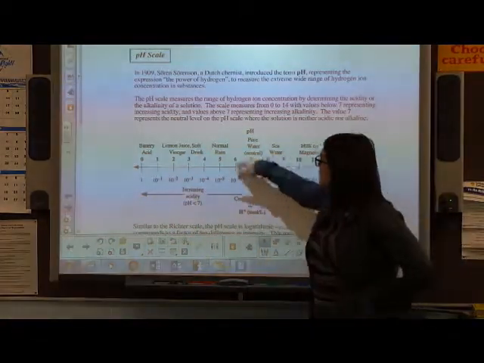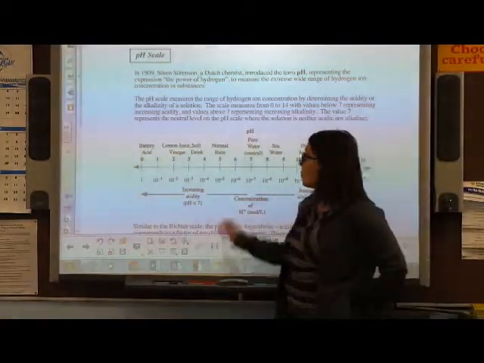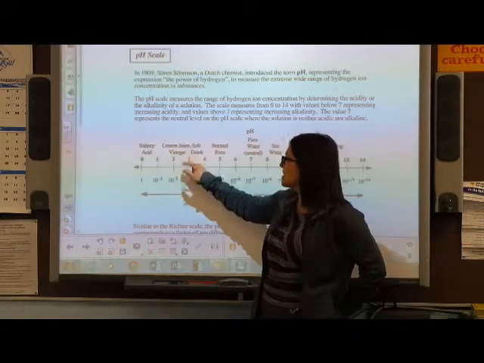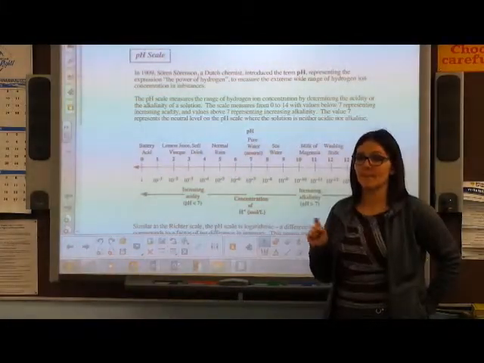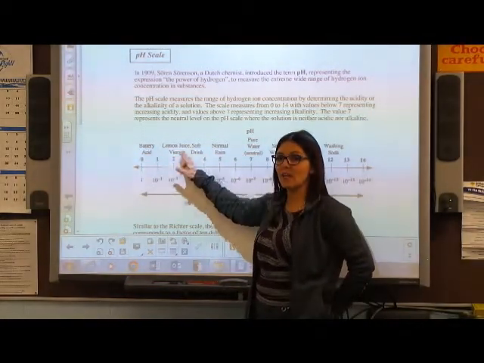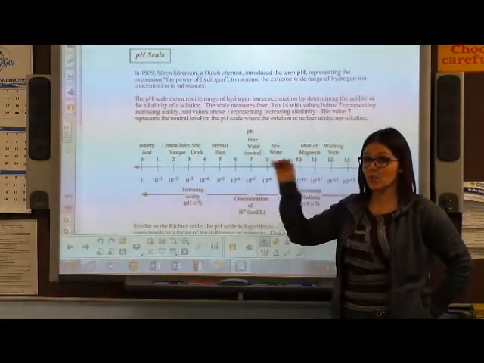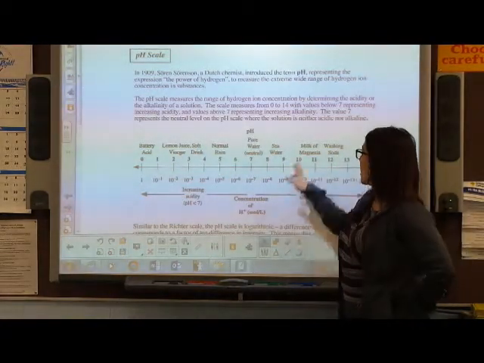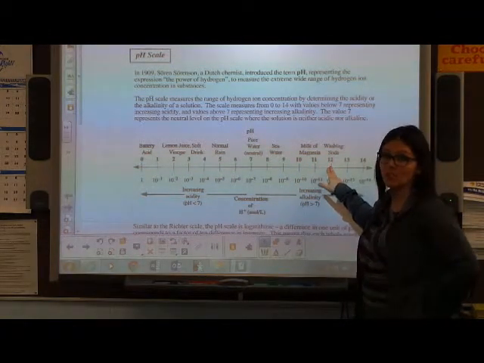Okay? As we move throughout the pH scale, everything is a power of 10. But which one is more acidic, the soft drink or the vinegar? The vinegar. Even though the numbers don't necessarily show it, it's what is more acidic because of the direction that you're moving. When I'm moving on this side, which is more alkaline, the milk of magnesia or the washing soda?